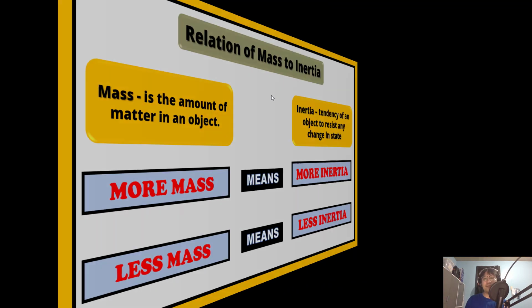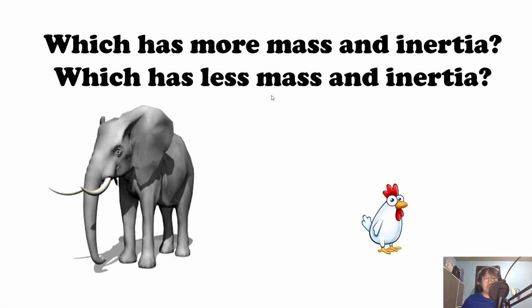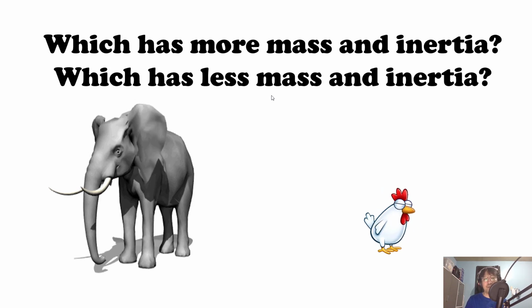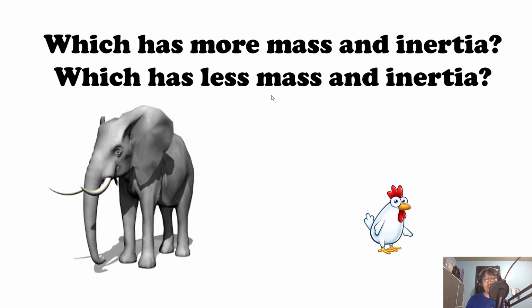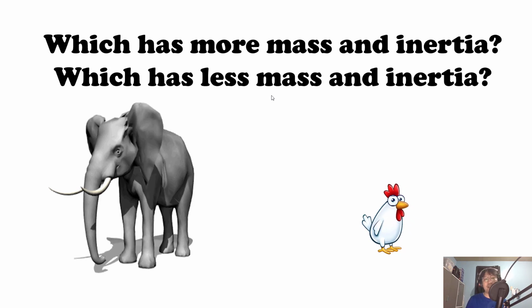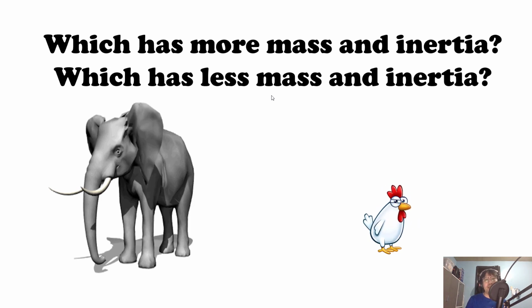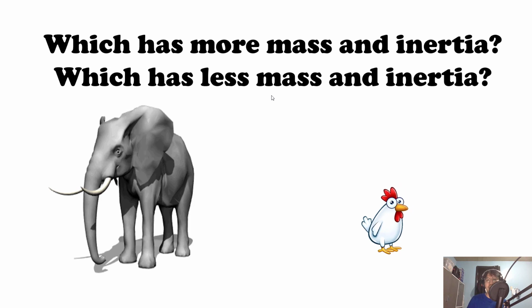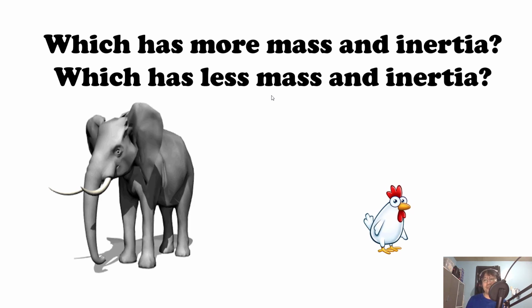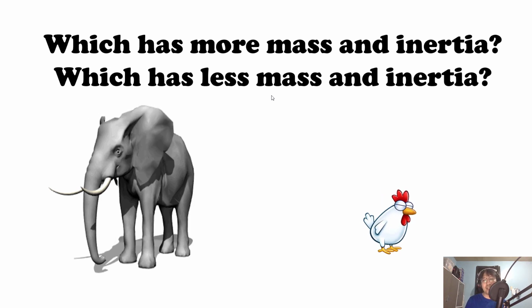Okay, next. Of these two examples, which has more mass and more inertia? Of course, we'll choose elephant because it has more mass. We'll be choosing elephant because it has more mass and inertia, as we discussed earlier. And the one which has less mass and inertia is a chicken.